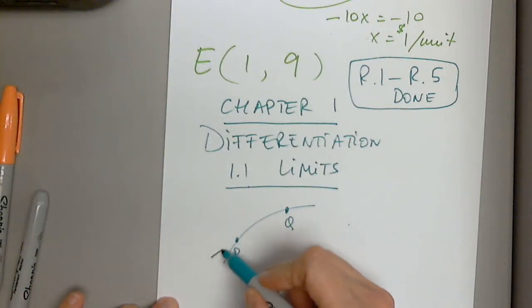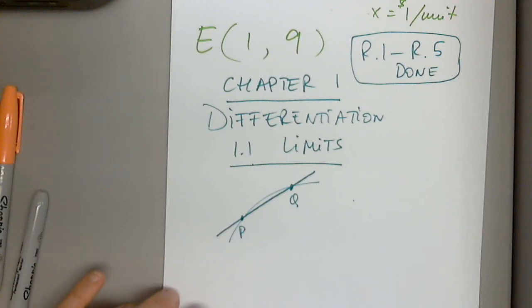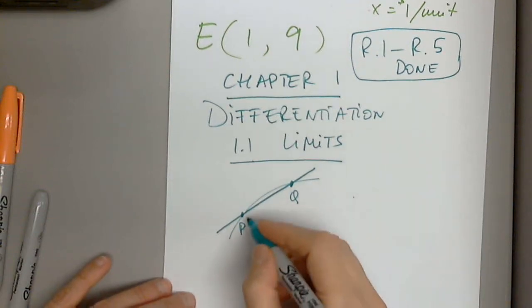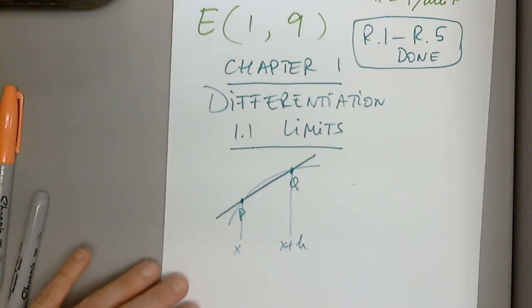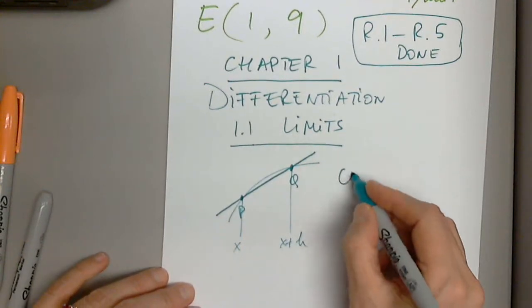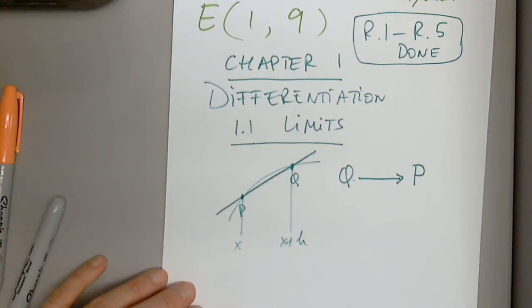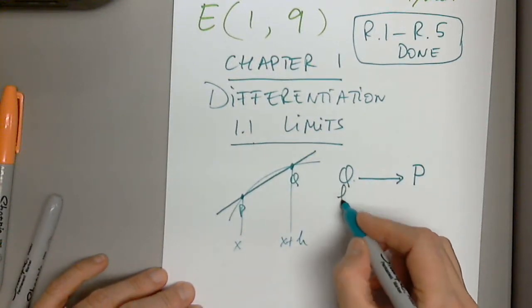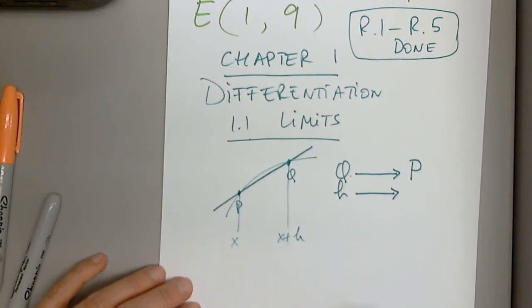And we said that this was the slope, the secant line connecting P and Q. This was x and this was x plus h. If I bring Q closer and closer to P, it really means that h gets closer and closer to what? Very good, awesome.